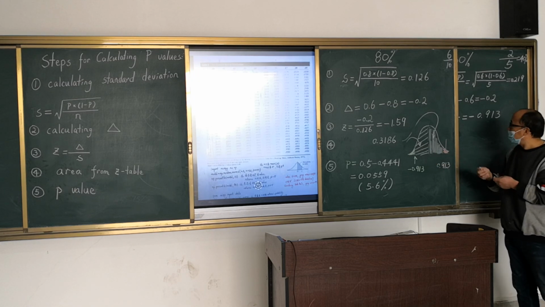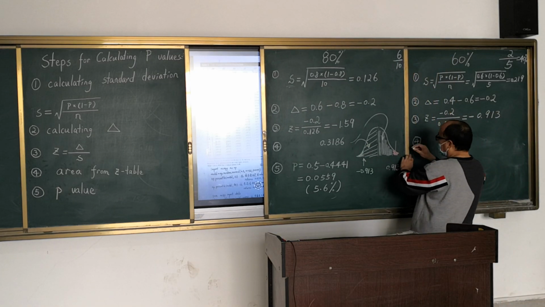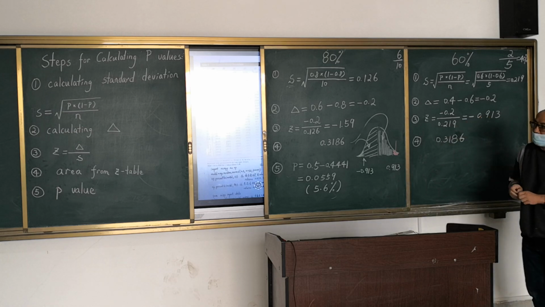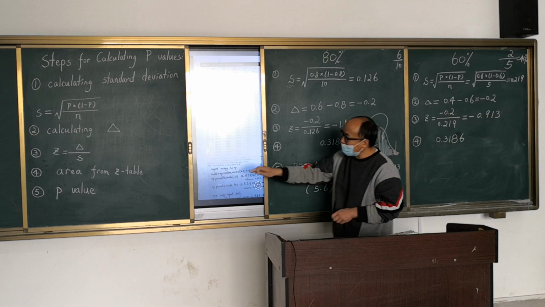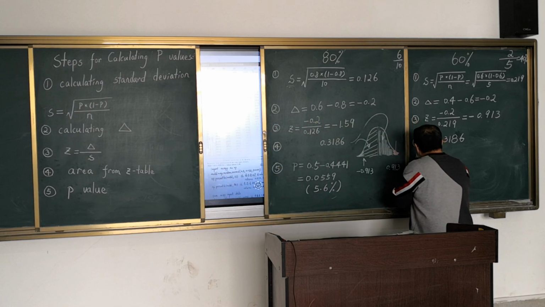And so this is step 4. Okay? It's 0.3186. Step 4, the area from the Z table. Step 5.